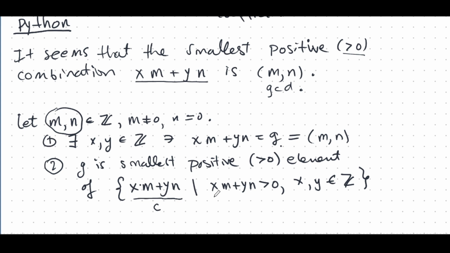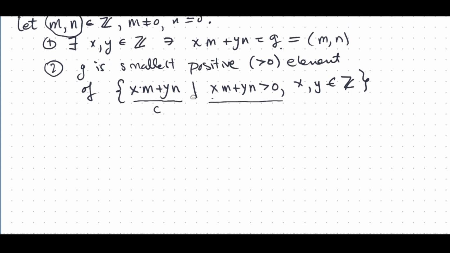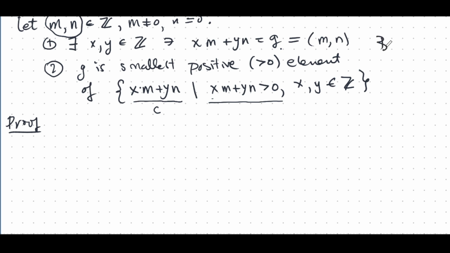But we took the ones greater than 0, and the minimal element of this turned out to be the GCD. We didn't prove it, but we very strongly suggested that this is the case. So now we want to prove this. This is Bezout's lemma.